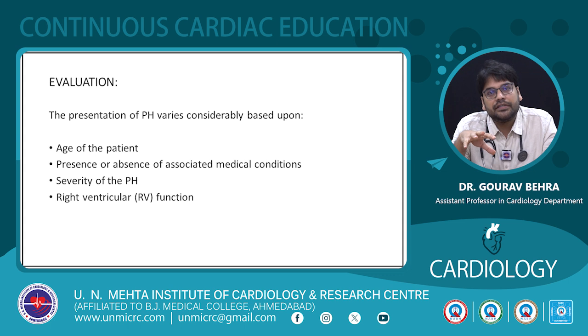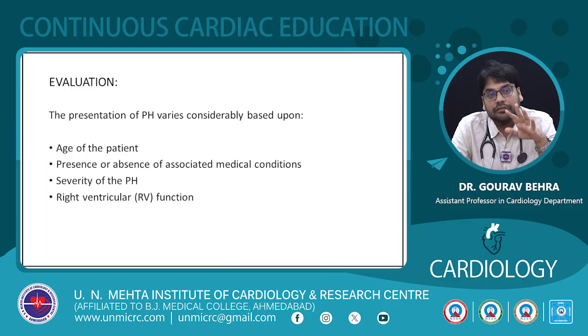Second, the presence of any medical conditions. If a patient has COPD or any old lung disease or any pulmonary obstructive disease, you will think the patient may have PH related to lung disease. Third, the severity of the PH. If a patient has mild pulmonary arterial hypertension, you may have very few symptoms, but a patient with severe PH will have different kinds of symptoms.